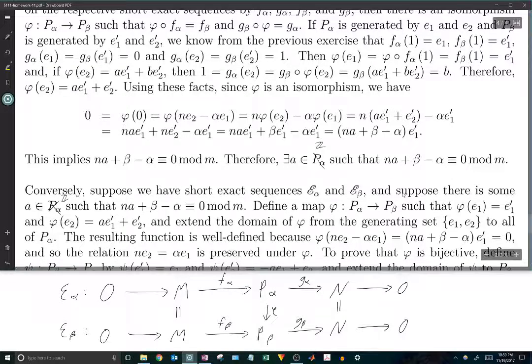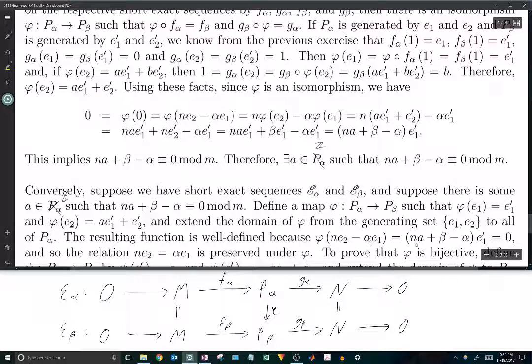The equation here, the way you get from here to here is identical to going from here to here, because the only things we use here are linearity of phi and nE2 prime equals beta E1 prime, and those are things that we already know, so we're allowed to use them.